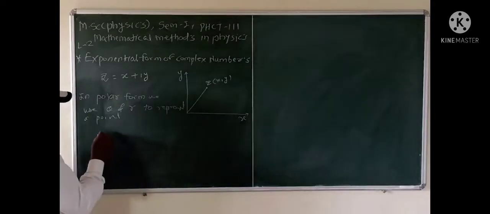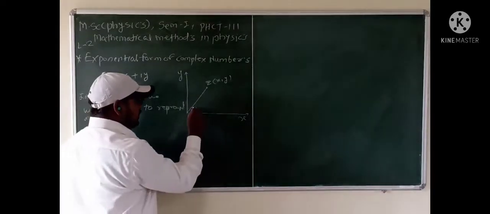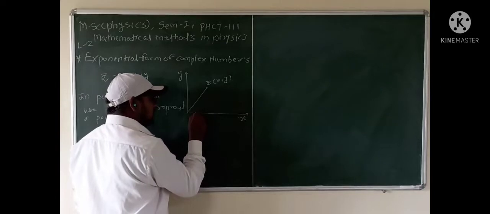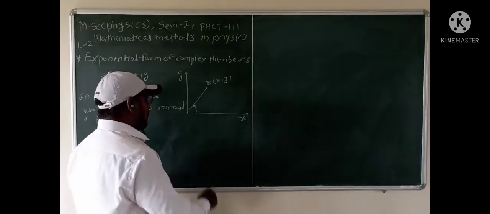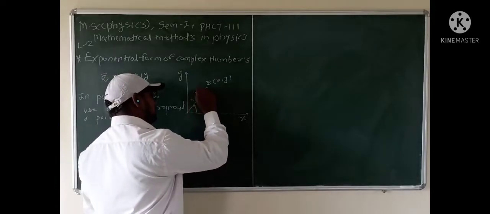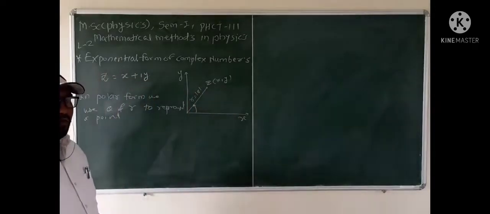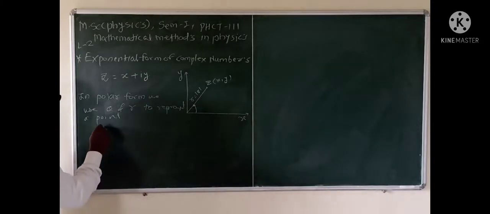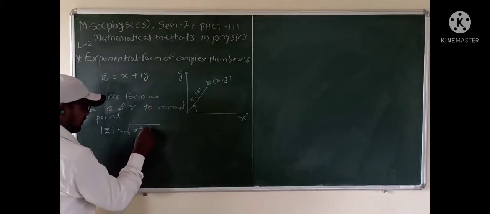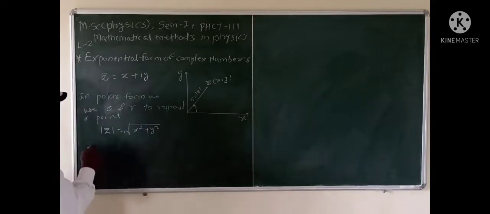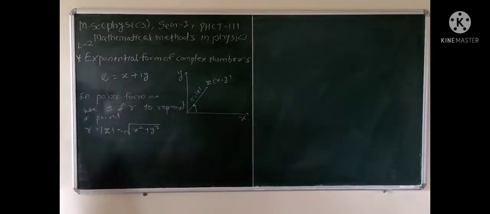Theta is measured from the positive real axis, and r is the modulus of z. We have seen in the previous lecture that mod z can be written as under root x square plus y square. This is also known as r.